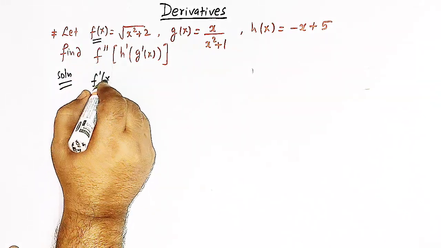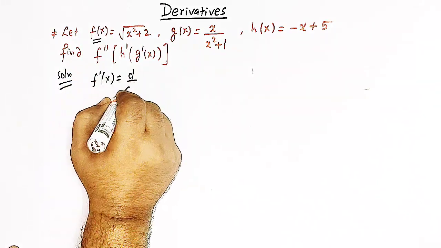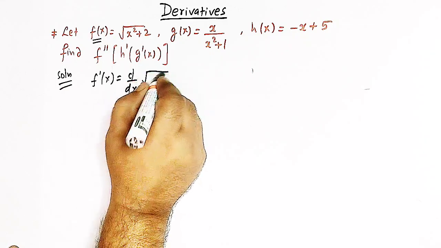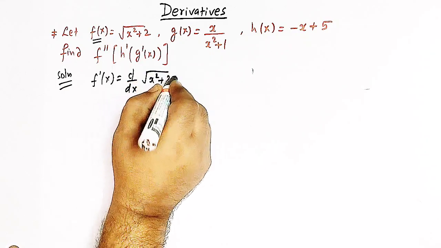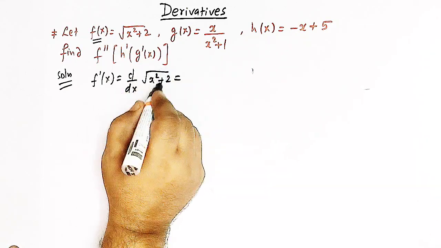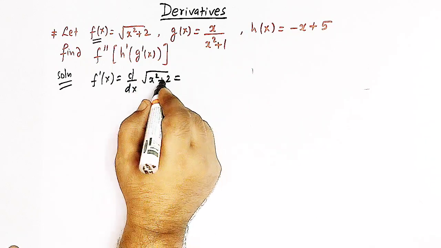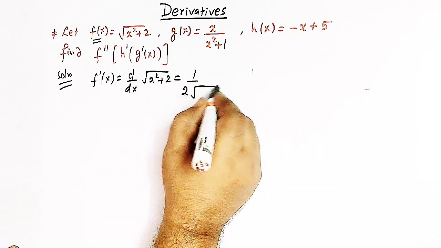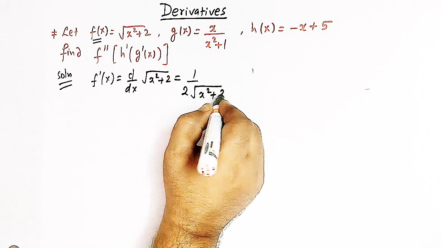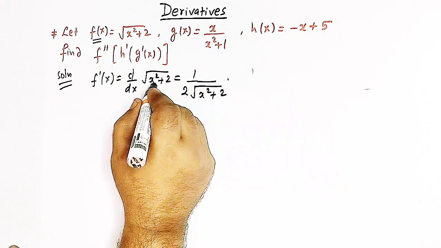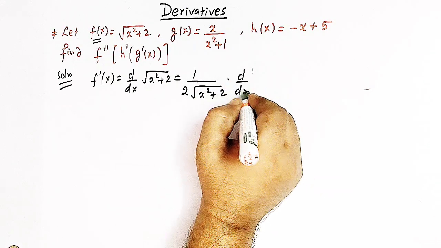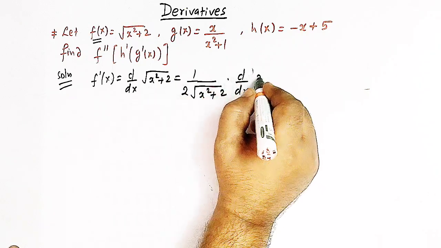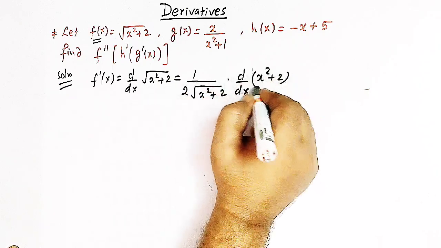So f prime of x is given by d by dx of square root of x square plus 2, and this expression can be differentiated like this, that is half, then we have square root of x square plus 2, and then by chain rule we have the derivative of x square plus 2.